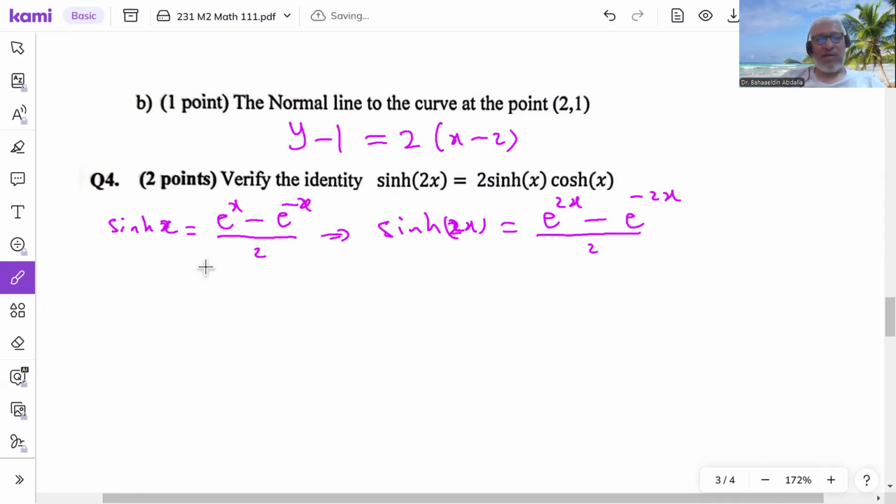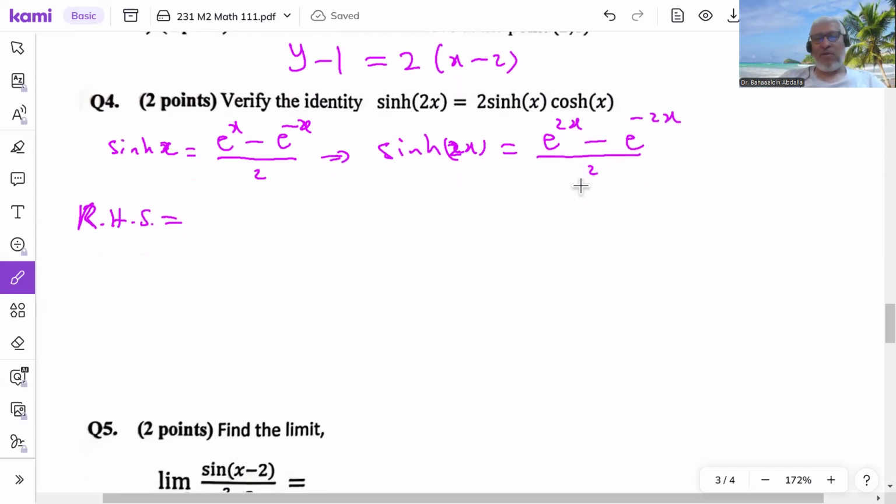To prove the identity, I'm going to start from the right-hand side, because I have a lot of things to do. I can work with this side. So I have 2. I can write the definition of sinh, which we mentioned here. And I can write the definition of cosh, hyperbolic cosine, which is the same but with a plus in the middle.